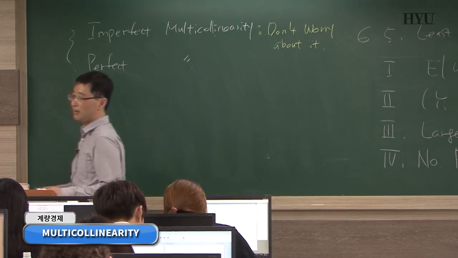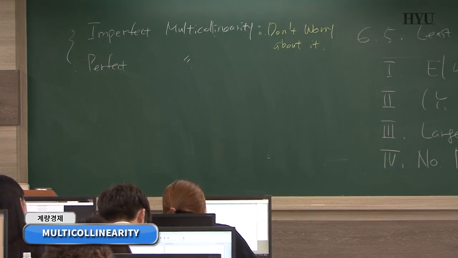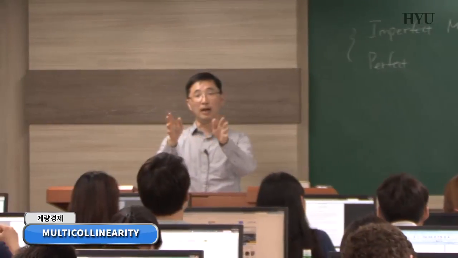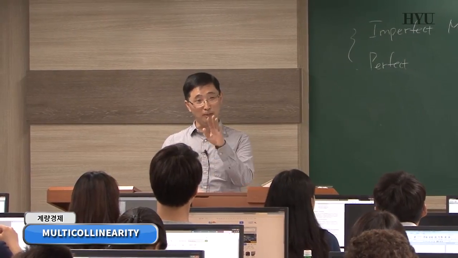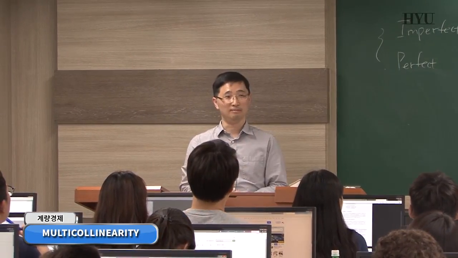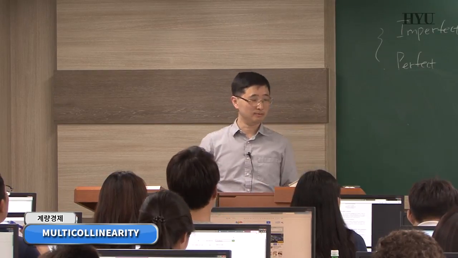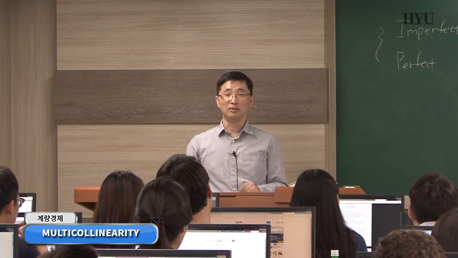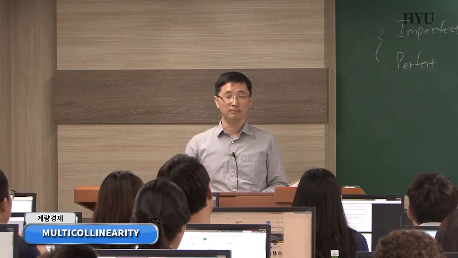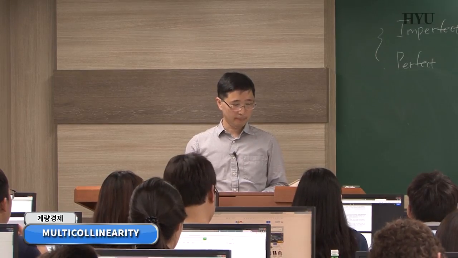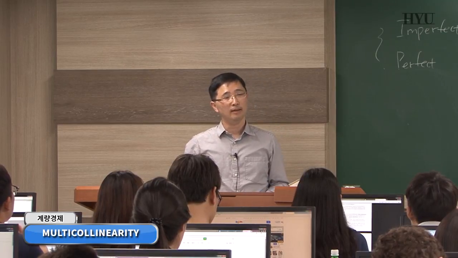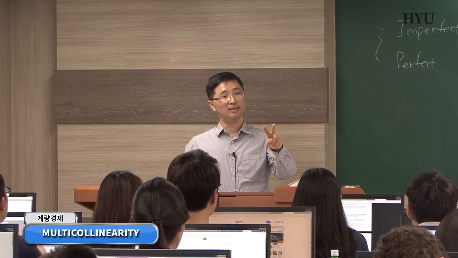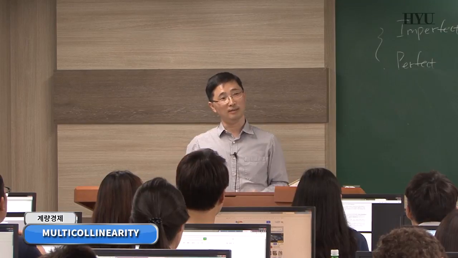Okay? Again, imperfect multicollinearity means that your x's, maybe two of them, are highly correlated. Is it a problem? Maybe, but it's okay. So as the textbook says, from now on, just don't worry about it. Just drop the concern. Now, what is the perfect multicollinearity? It means that two x's are perfectly correlated.